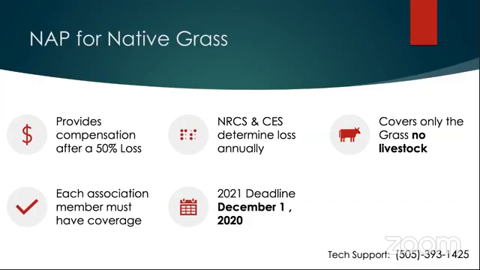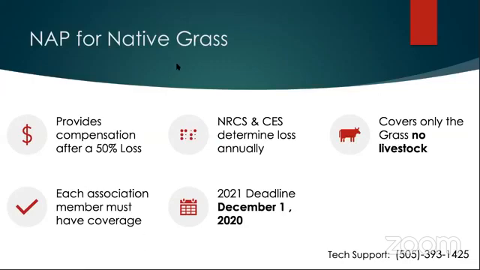Kind of going back to my grazing association slide, in the past, the grazing associations were able to take out coverage for the whole permitted area and all of the acres. That's no longer going to be the case. So each member of the association must also have coverage for 2020 forward.